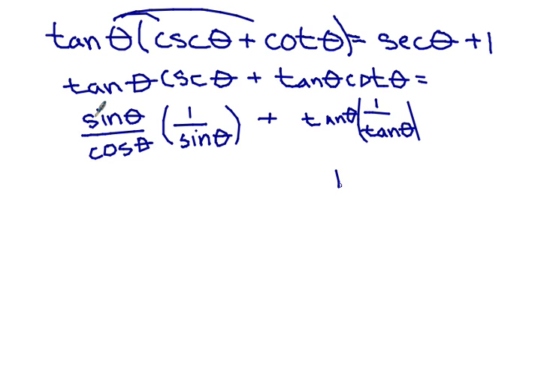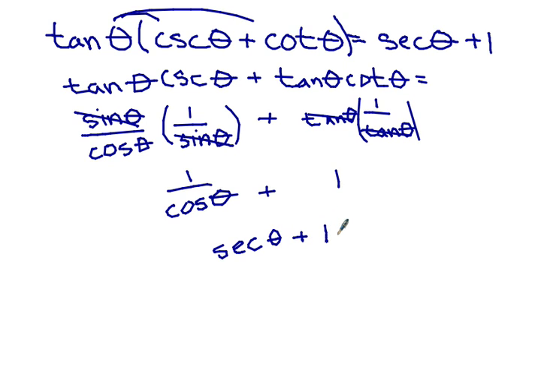And then sine on top, sine on bottom, we're left with just 1 over cosine. And 1 over cosine is secant. So after we have some of this simplification here, where the tans would cancel, we would end up seeing that secant plus 1 equals our secant plus 1.